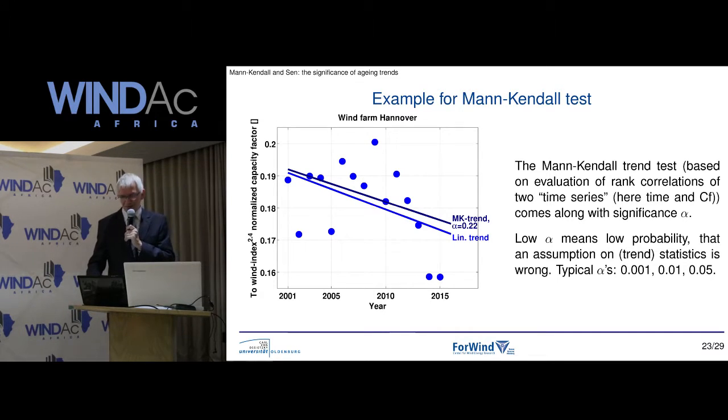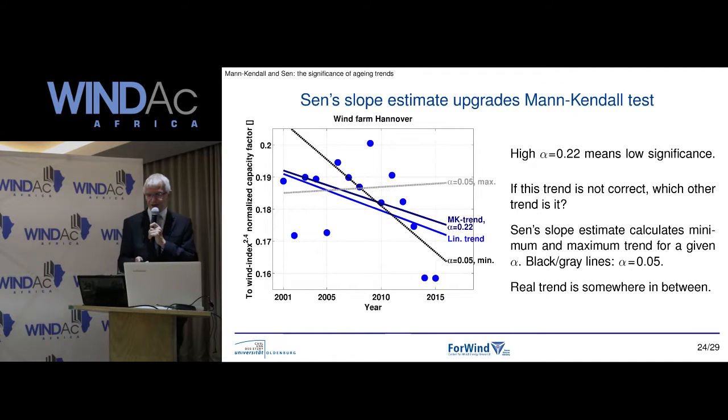Then a guy called Sen came along and he said, we first define a significance level like 0.05, and then we calculate a maximum trend here and a minimum trend, this black line here.